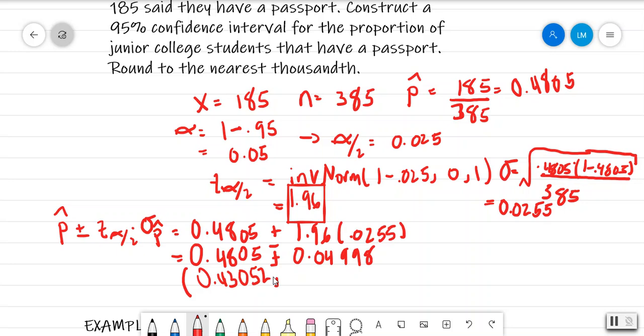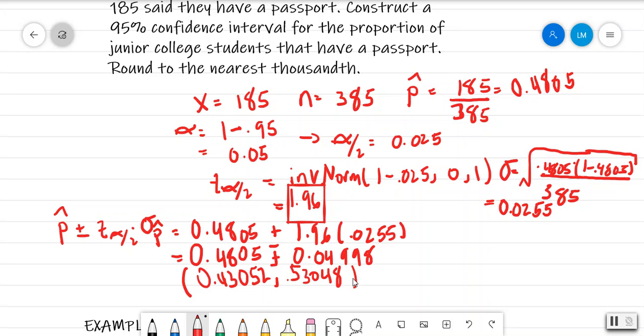So we just have to do plus, and that gives us an upper bound of 0.53048. Now, what this means is that this is where 95% will lie within this range.